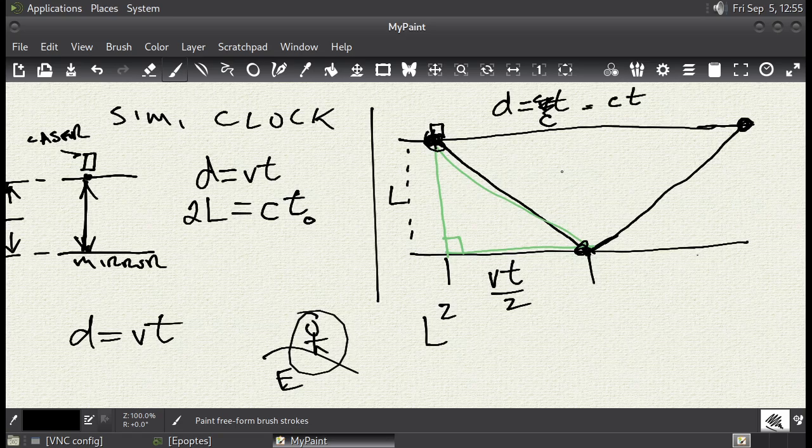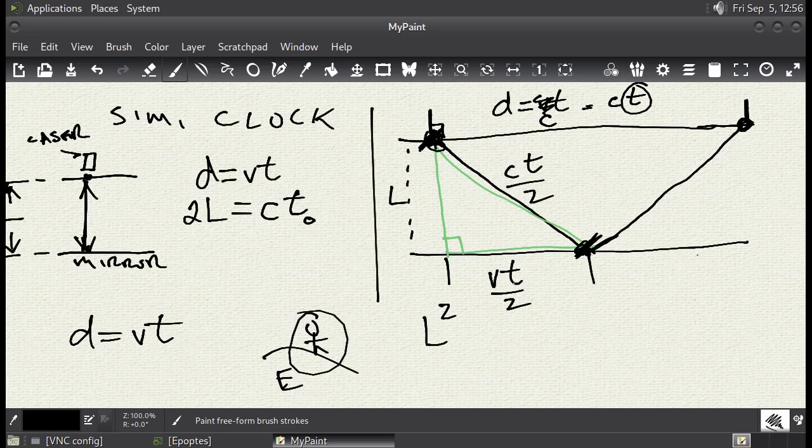So it's ct, but wait a minute, this time, again, it's the time from here to here, from here to here. Now we only want the distance from here to here. That's half of that, isn't it? So therefore it's ct divided by 2.